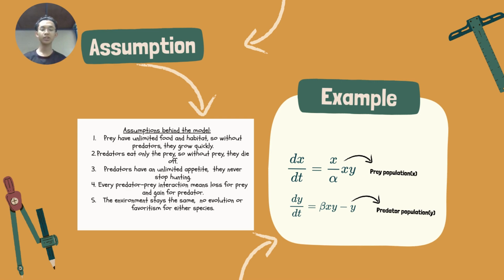So, if we look here, there are several formulas that can be represented for the prey population and predator population. The first one, dx over dt, represents the prey population x. The second one, dy over dt, represents the predator population y.